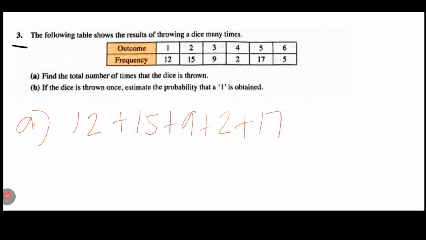To calculate this for the experiment of probability, we need to get the total frequency. So to get the total frequency, we're going to add them. To add them, first we have to get down here: plus 12 plus 15 plus 9 plus 2 plus 17 plus 5.